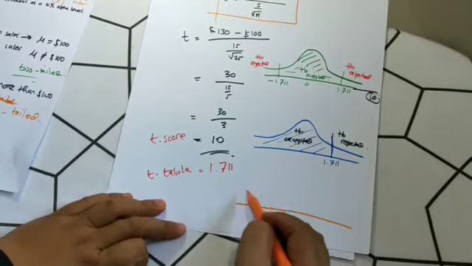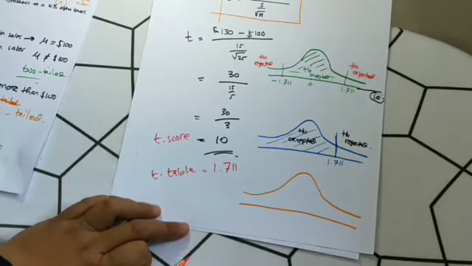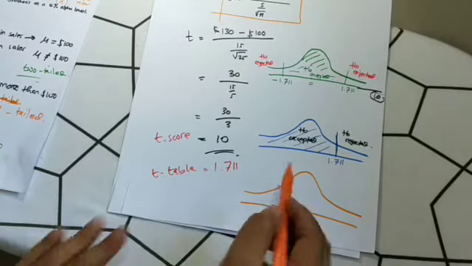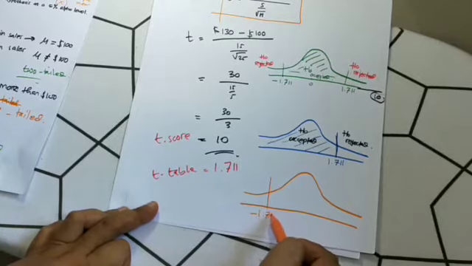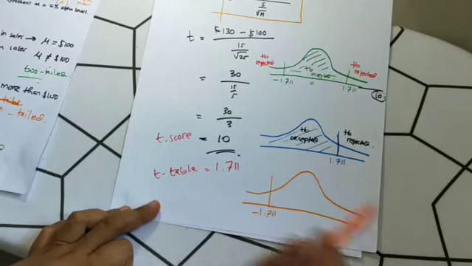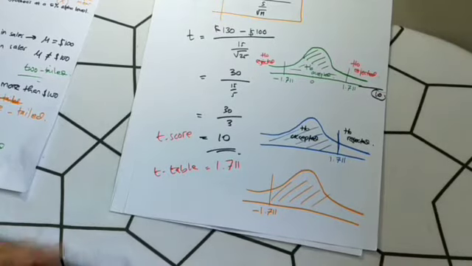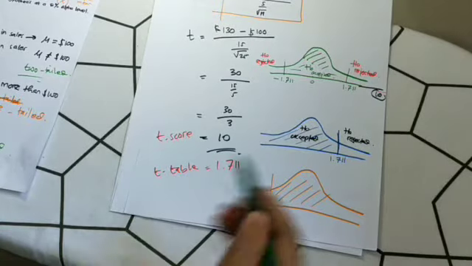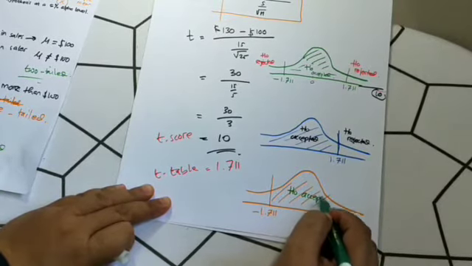Still the same curve, but for the line, you have to use the left side, which is the negative one, minus 1.711. So anywhere here means that the null hypothesis is accepted.